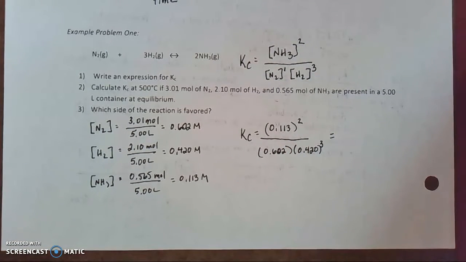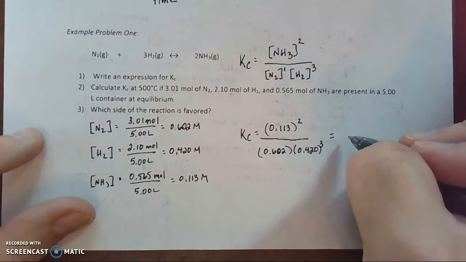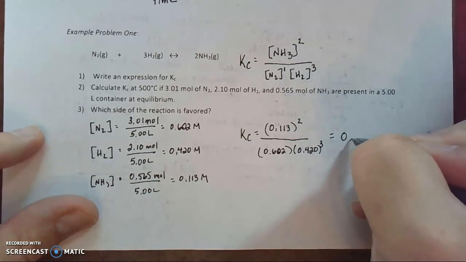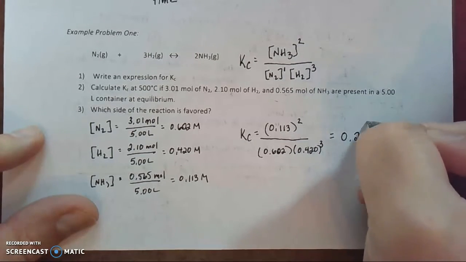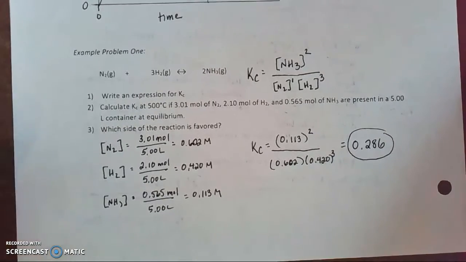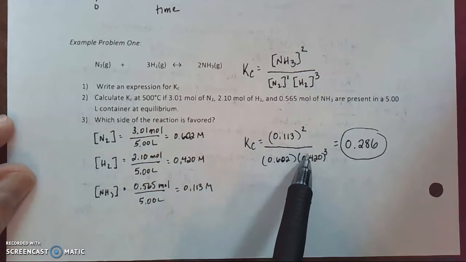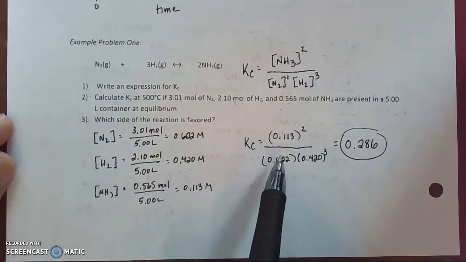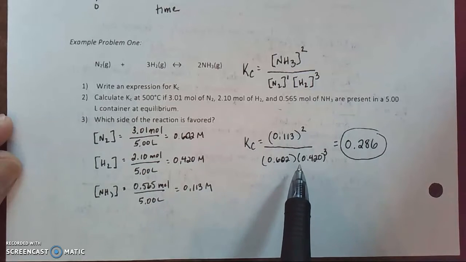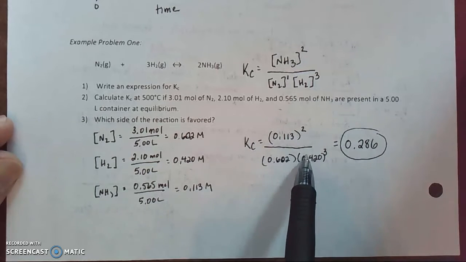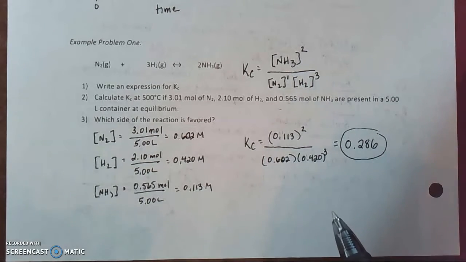So you can pause the video, calculate this, and come back and see if you got the same thing that I got. So when you calculate this, you should get 0.286. So I kept 3 significant figures in all of these. I'm going to be doing that in all calculations, going with the lowest number of significant figures.